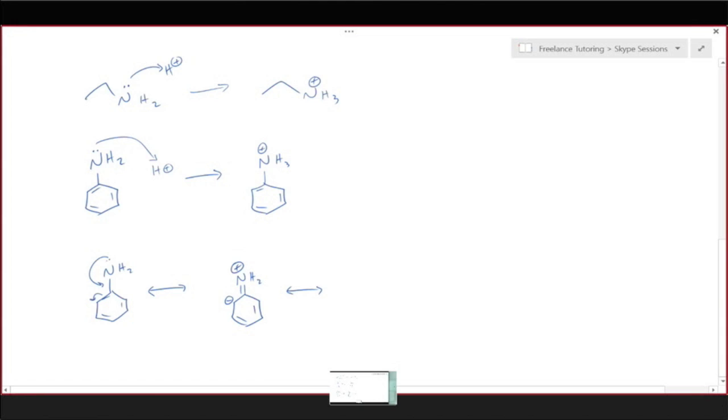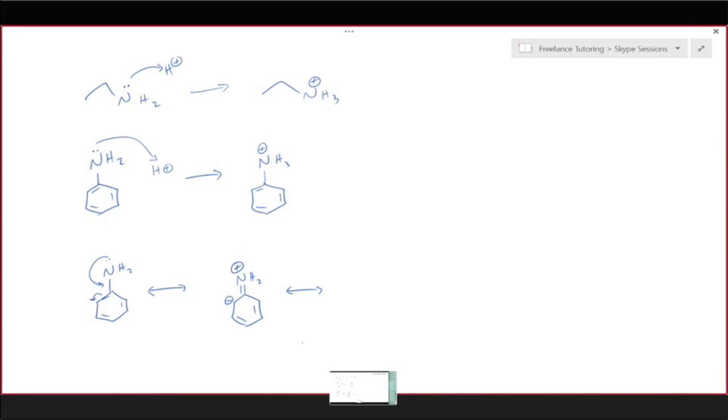Now, remember what we were trying to compare is which nitrogen is more basic. Oh, okay. The question is which of these nitrogens is more basic. Well, the nitrogen in the first molecule would definitely be more basic than the nitrogen in the second molecule, because the first molecule has a lone pair of electrons, and that's it. The second molecule has a lone pair of electrons, which is not always there throughout the resonance structures.